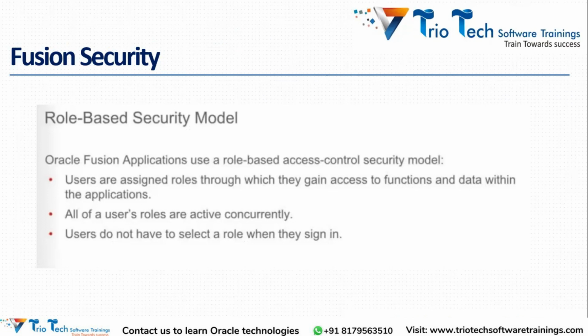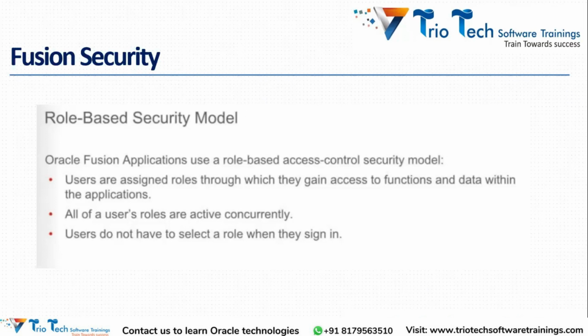Within each application, general ledger, accounts payable, accounts receivable, there are specific roles defined by Oracle, which are called job roles. When users are supposed to perform activities or tasks in the organization, depending upon the function or department they are in, they are assigned the roles. In turn, these roles give access to the functions and data within the application.